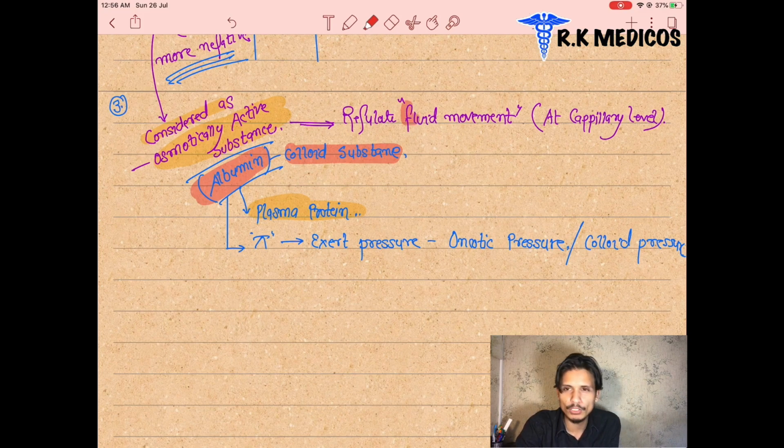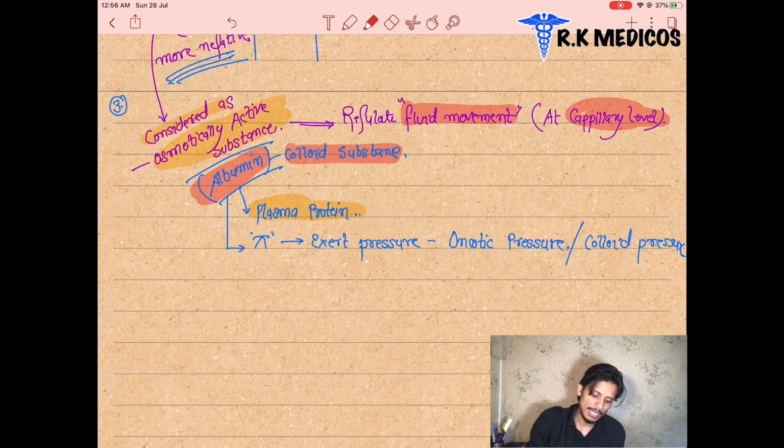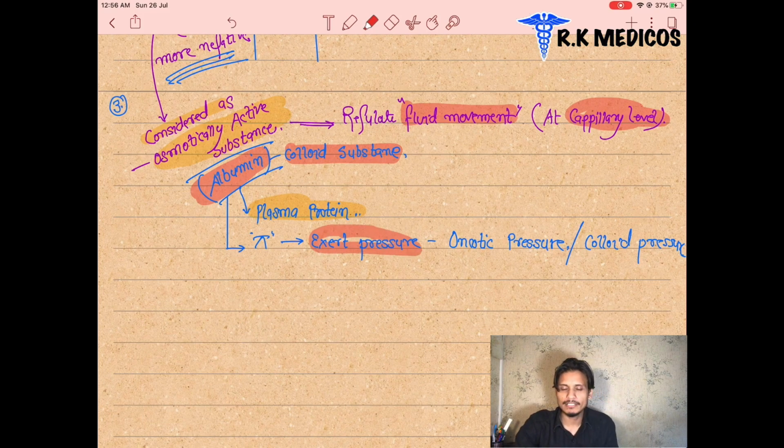All the proteins, the osmotically active substances, are going to regulate our fluid movements at the capillary level with the help of albumin protein. And this albumin protein exerts a pressure, and that pressure is called oncotic pressure. This is the colloid nature of albumin. It is also called colloid pressure.